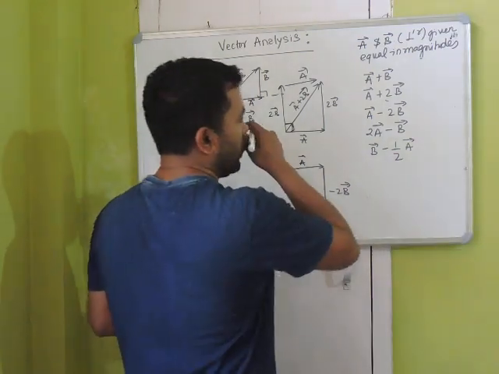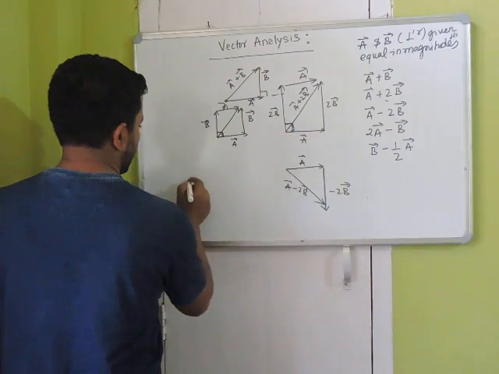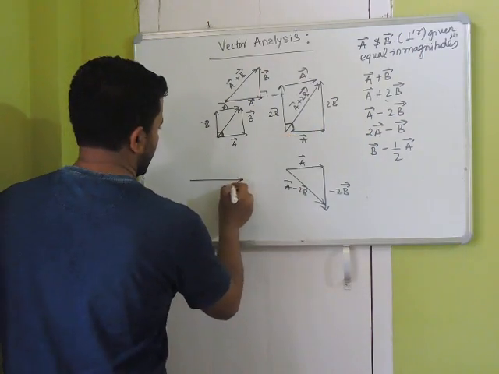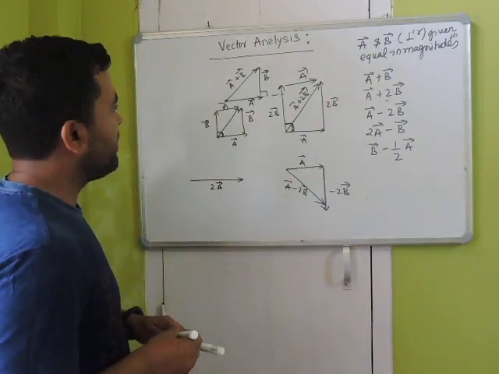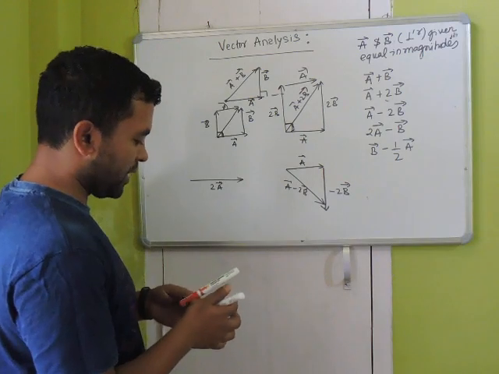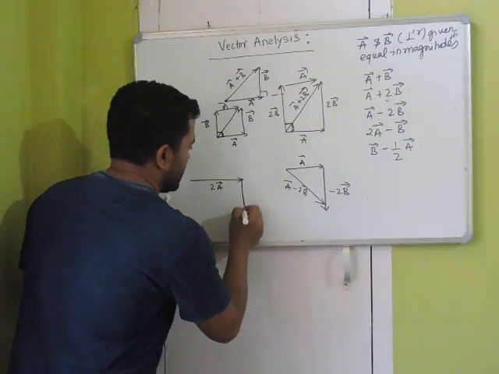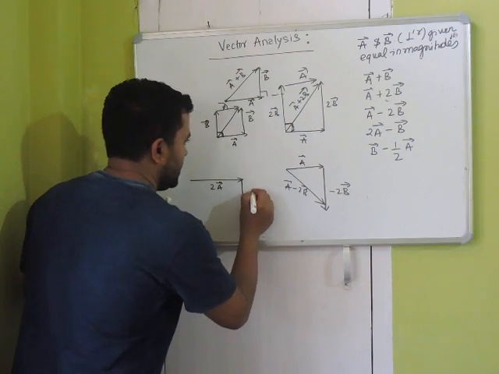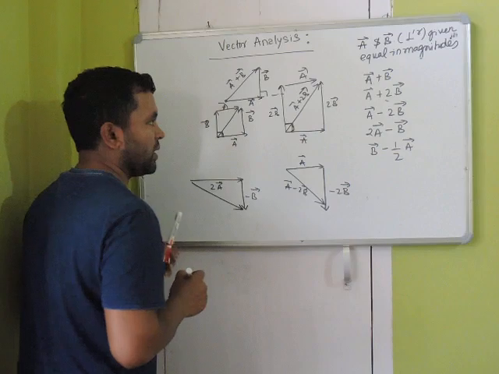And what about 2A minus B? A is this, so 2A is this, double of this. For 2A minus B, B was in this direction, so minus B will be the same vector but going in the opposite direction. So this will be minus B, so 2A minus B will be this vector.